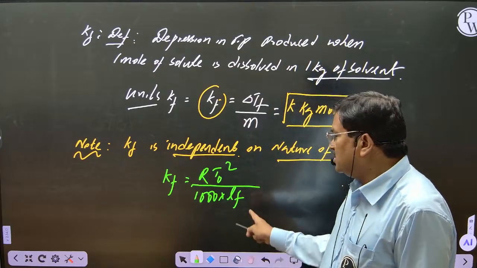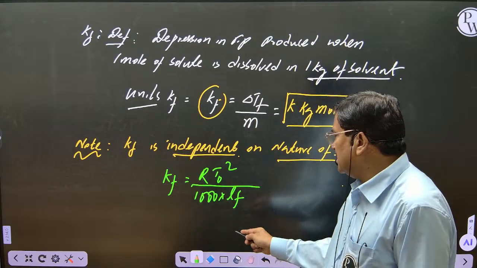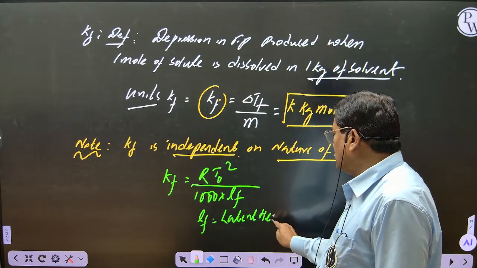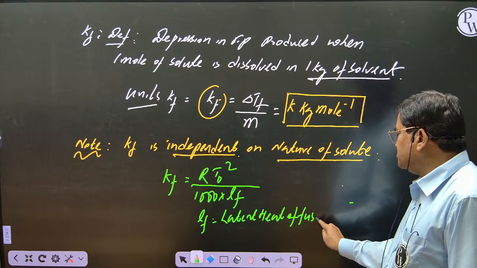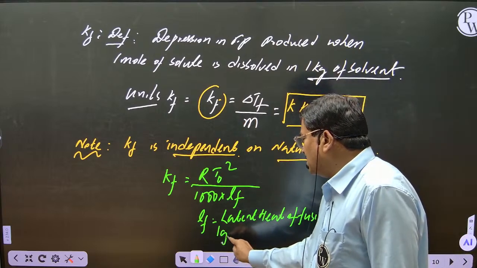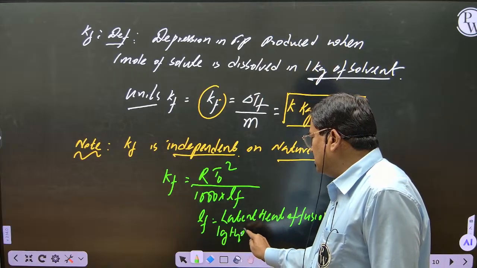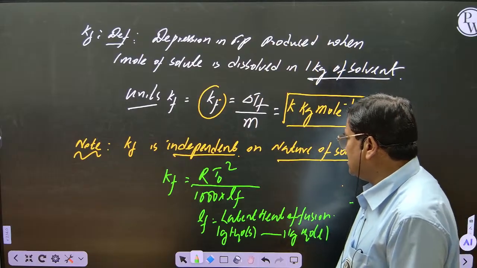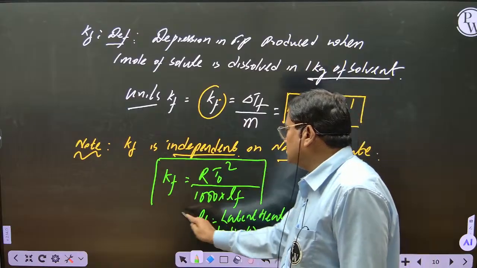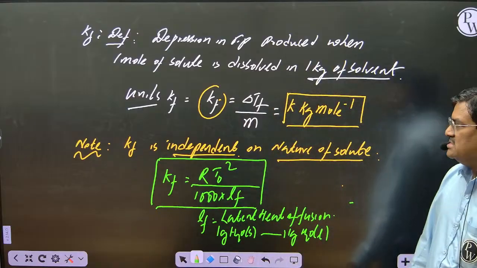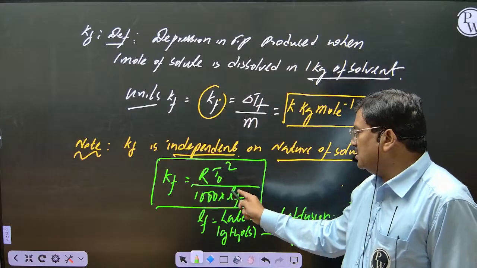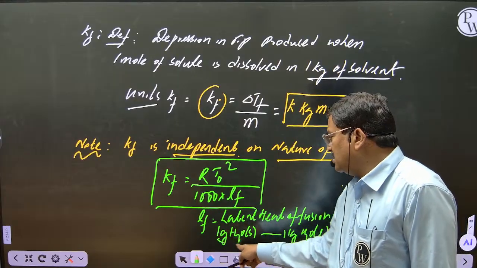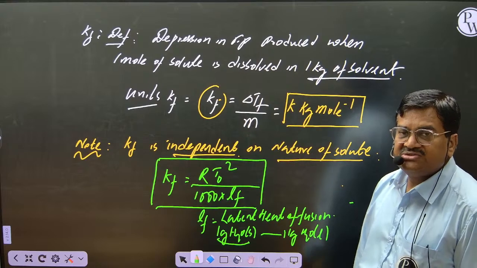Latent heat of fusion is the amount of heat required to convert 1 gram of ice into water. Keep this relation in a box.